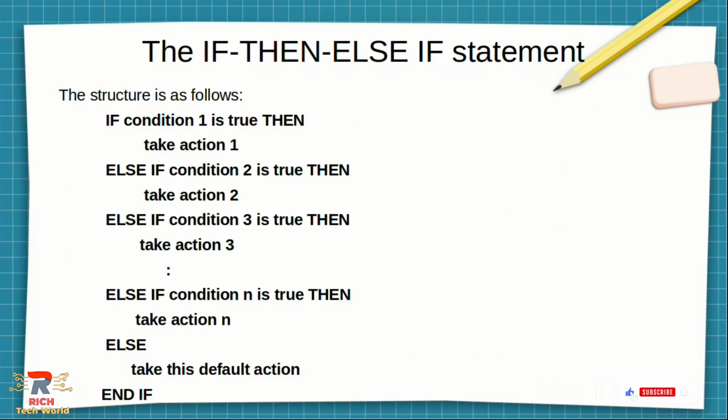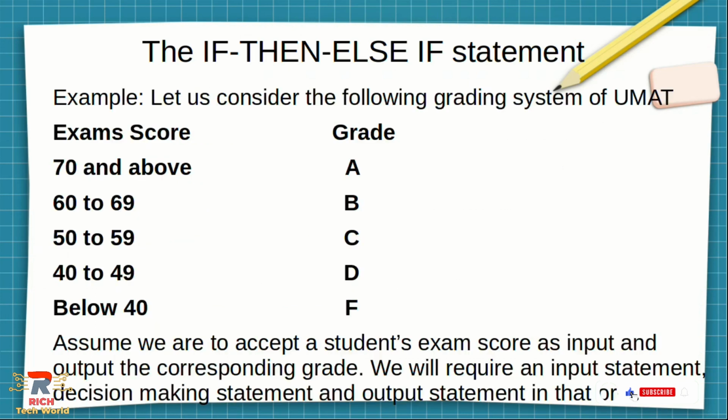So let's take this as an example. This is a grading system for a school, and students are graded A when they get 70 and above. They are graded B when they get 60 to 69.